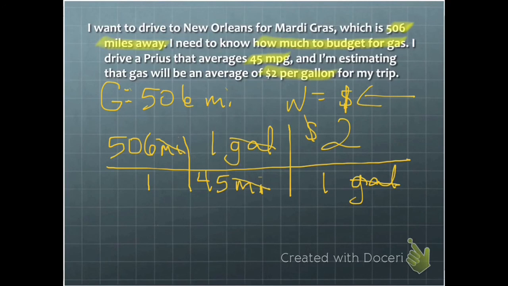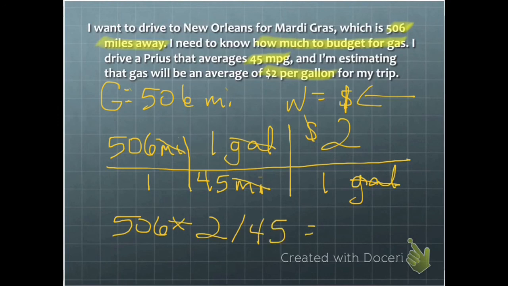So now, remember, all our vertical lines mean multiply. Our horizontal line means divide. So we multiply everything on top. So we've got 506 times 2. We also have times 1, but that doesn't actually change our value. 506 times 2, and then on bottom, we've got 45. So we're going to divide by 45.